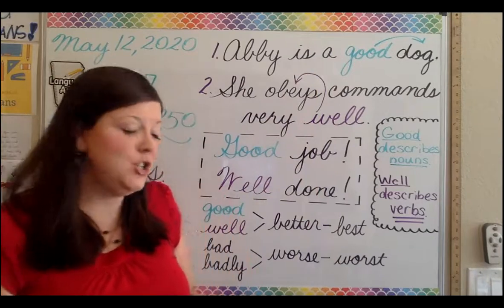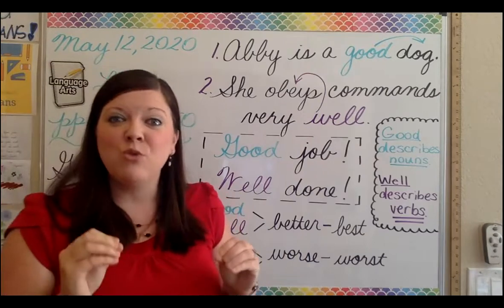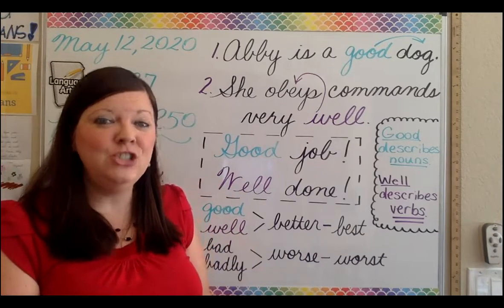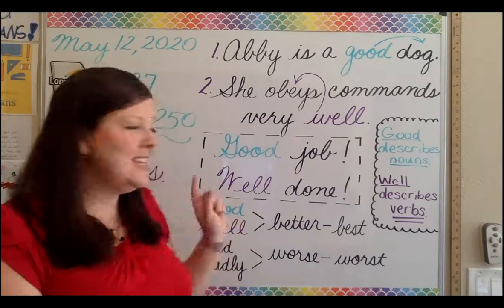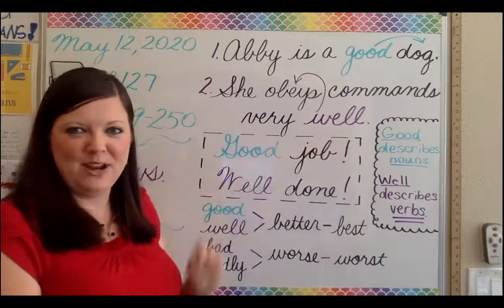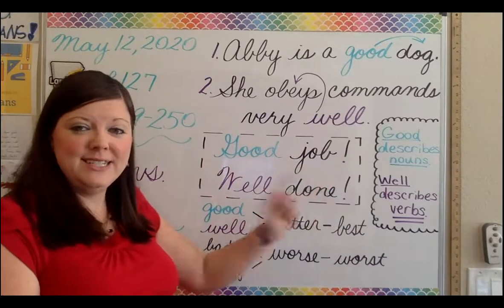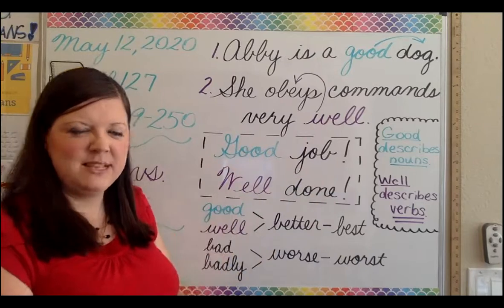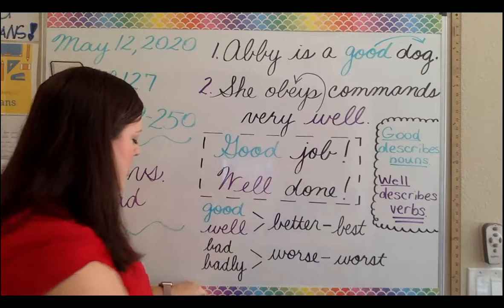Oftentimes, I like to remember these two sentences to help me remember that good describes nouns and well describes verbs. Look at the two sentences in this box here. Good job. Well done. Let's examine this a little more closely. Job is a noun.